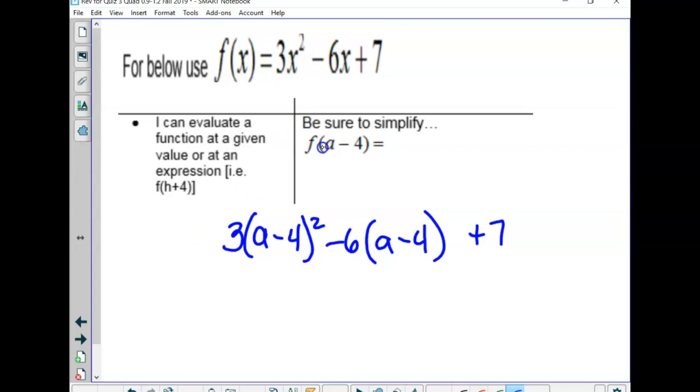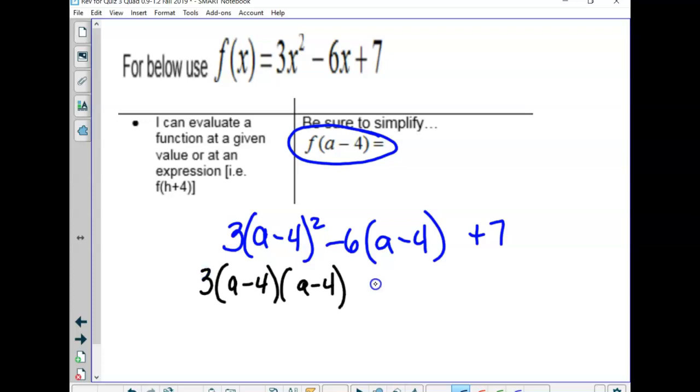Martin, can you do this one on the review? It says be sure to, it's the f of a minus 4. It's on the back of the review, like the middle of the page. This is kind of a cruel question because there's so much room to make a little mistake, right?